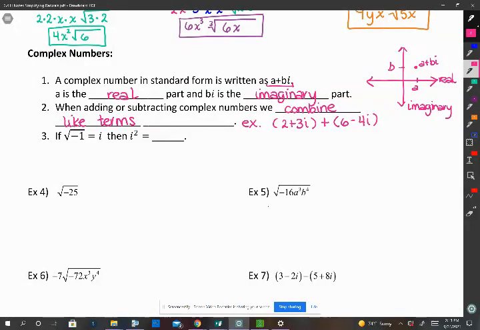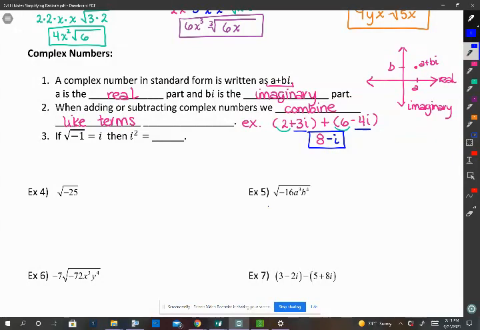So 2 plus 6 is 8 because those are both the real parts. And then I'm going to do our imaginary part. So 3i plus negative 4i is going to give us negative 1i. And so my answer then would be 8 minus i.